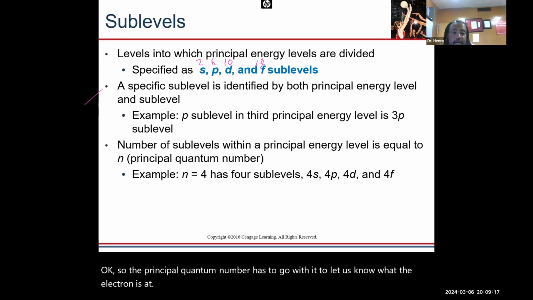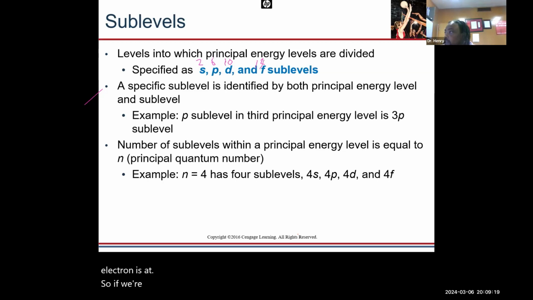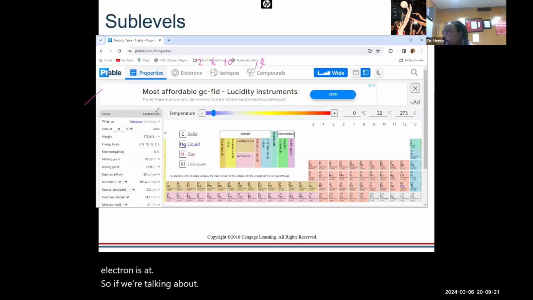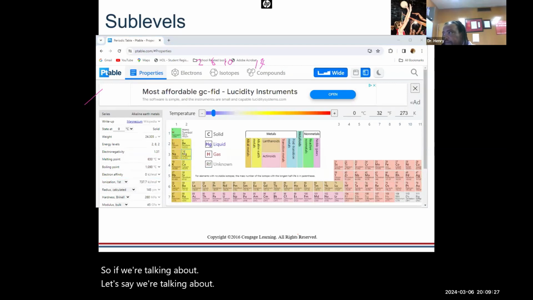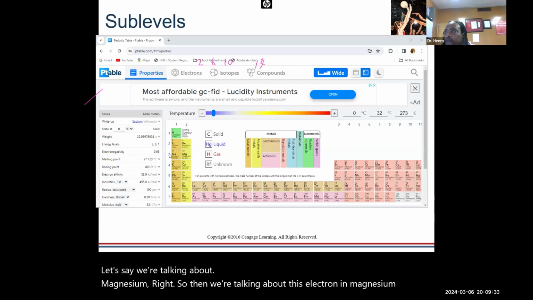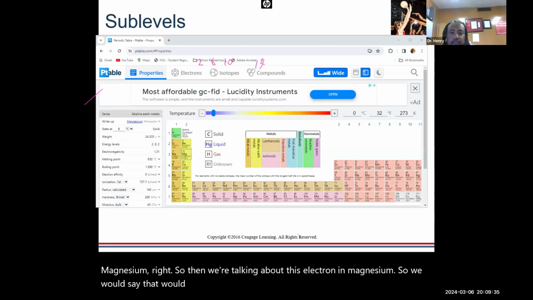So if we're talking about, let's say, magnesium, right? Then we're talking about this electron in magnesium. So we would say that that would be in our 3s subshell or sublevel, okay?